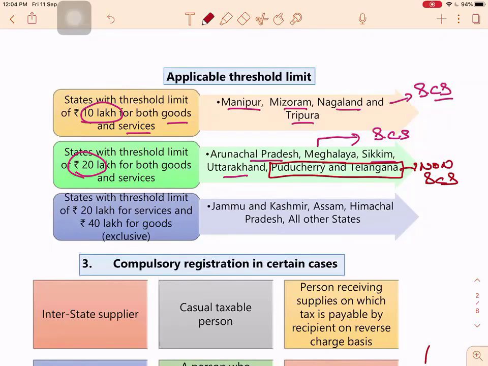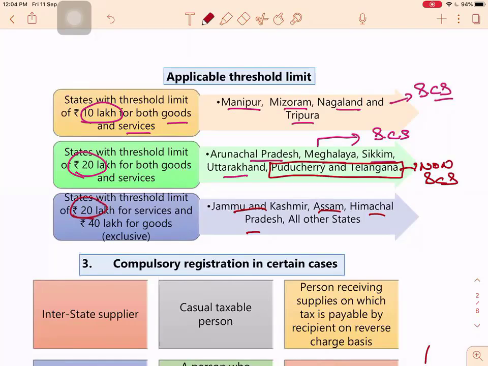Another three special category states are Jammu and Kashmir, Assam, Himachal Pradesh. For these three, with respect to goods, the registration limit is 40 lakhs, and the rest of India is also 40. With respect to services, the limit for them is 20 lakhs.